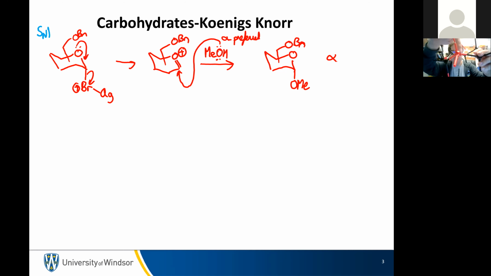Okay, oxygen. C1 carbon with a methoxy group on it. C2 carbon with an equatorial OH or OBn. I'm just drawing one oxygen because the rest of this thing would just bugger it all up. C3 carbon, equatorial oxygen.